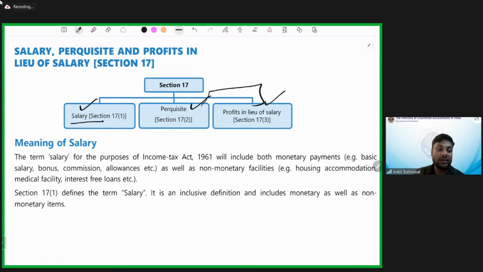Salary, the most important thing. I am explaining in English only, right? I already explained salary and wages. There is no conceptual difference between salary and wages.